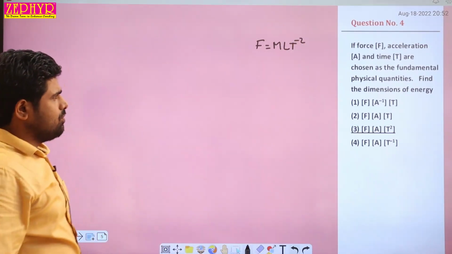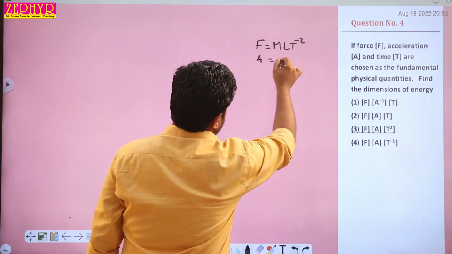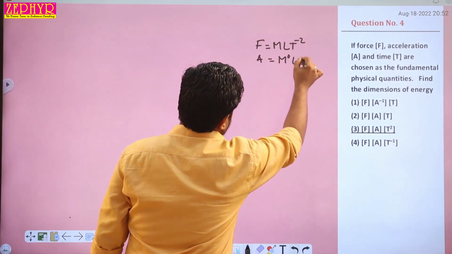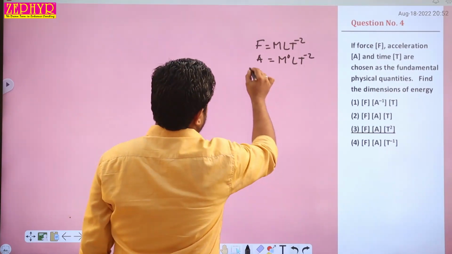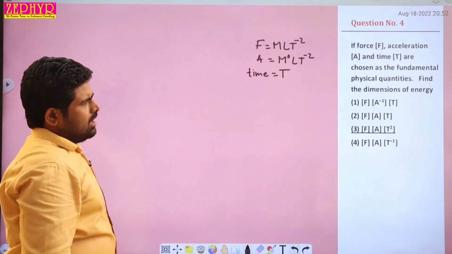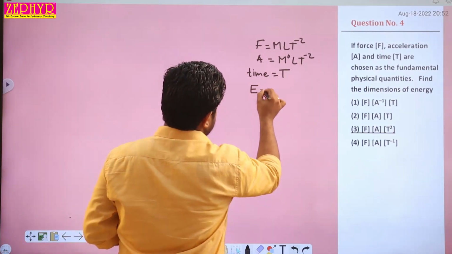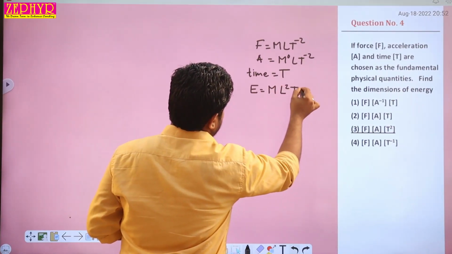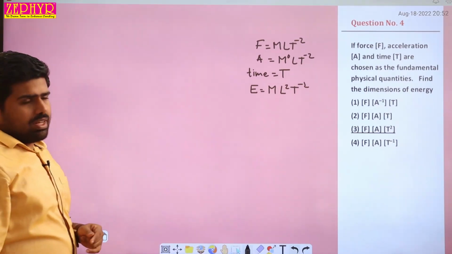The dimension of acceleration is equal to m raised to 0, L t raised to minus 2, and time is equal to t. Then find the dimension of energy: energy E is equal to m L square t raised to minus 2. That one is the dimension of energy.